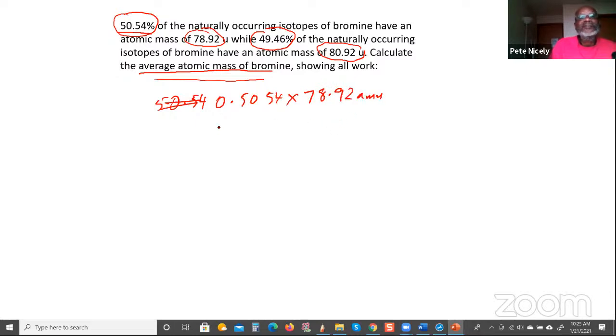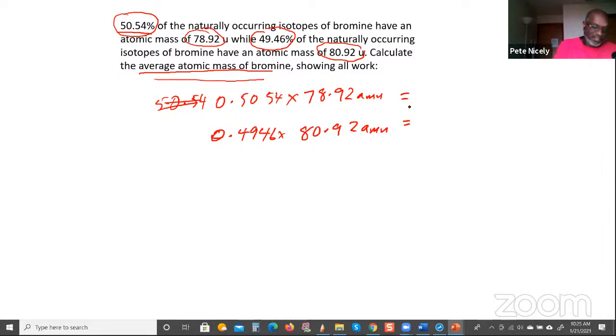And you're going to do the same thing with the 0.4946 multiplied by 80.92 AMU. All right. So we have to work out each of these in turn.